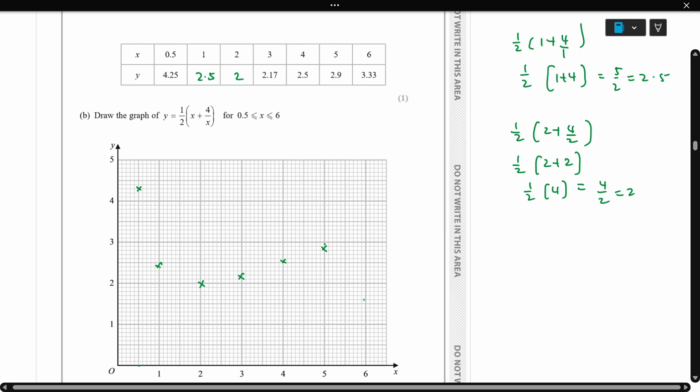Next, 6 and 3.33 somewhere here. So the graph is going to be a curve. We should connect all the points with the pencil. Just draw freehand. That's a curve.